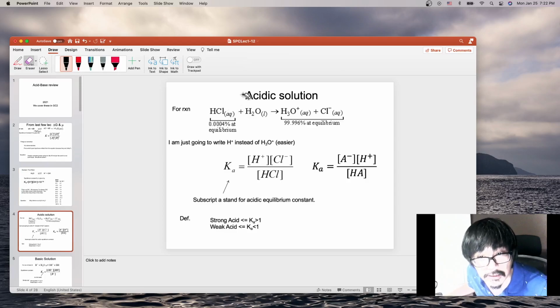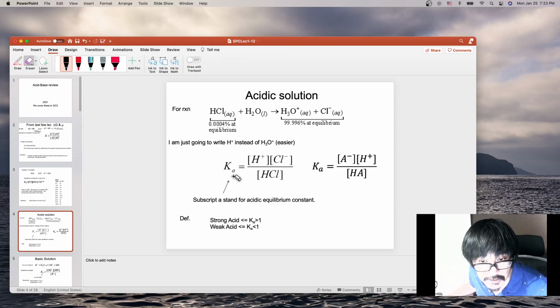Alright, then let's talk about acid dissociations. If you put the acid into the water, it will create H3O plus, and then whatever the conjugate base is, right? And then the dissociation constant is going to be product over reactant, right?